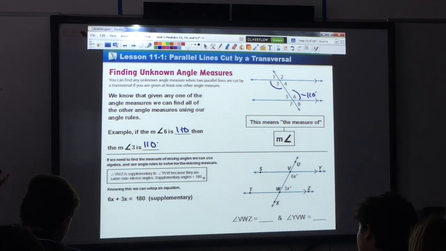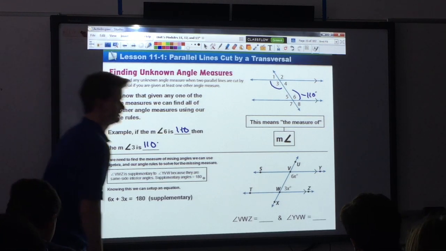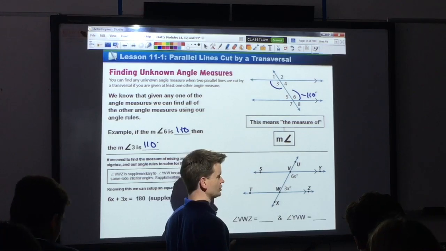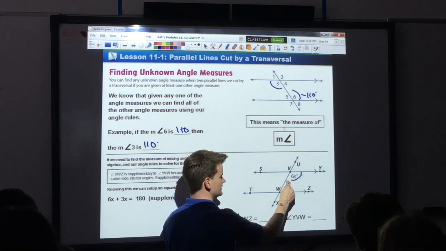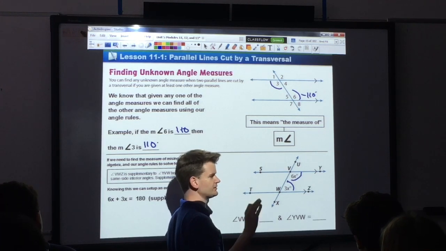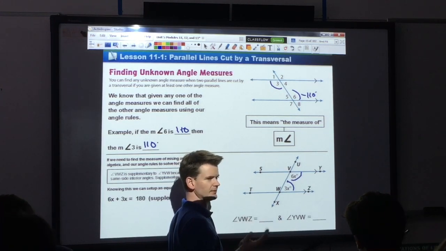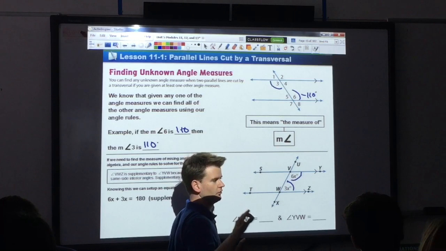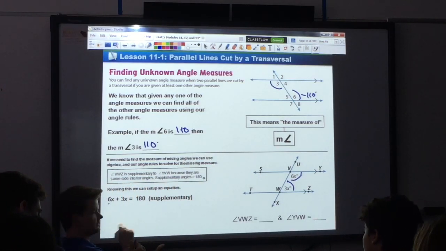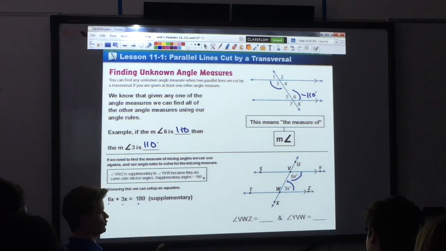Now, we can make a very quick jump and substitute algebraic expressions in. Now, these are still same side interior angles, right? We learned that a second ago. And same side interior angles are supplementary, which means they equal what? 180. And you could write the expression just like this: 6x plus 3x equals 180 because they are supplementary.